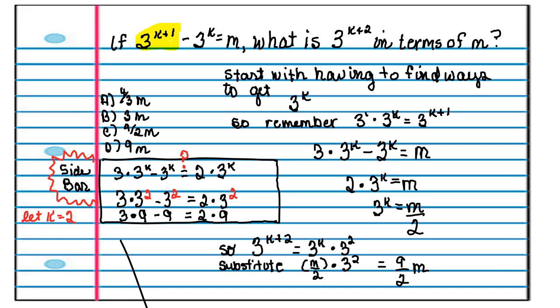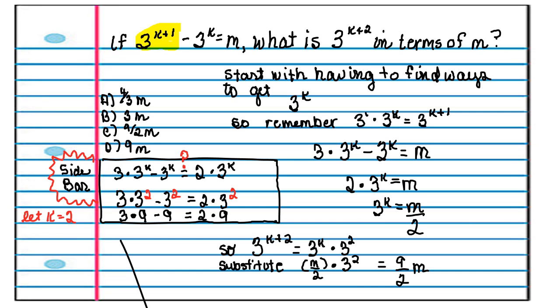Take away the 9 is 18, and checking to see if 2 times 9, yeah, it's 18. I also tried this with the power of 3 and 4, and it did make true statements. So therefore, 3 times 3 to the power of k minus 3 to the power of k does equal 2 times 3 to the power of k.